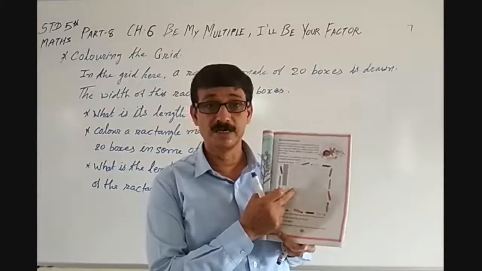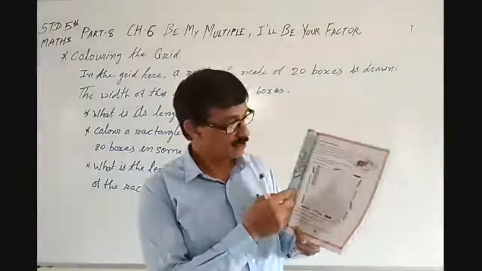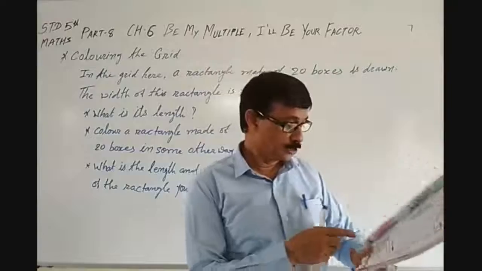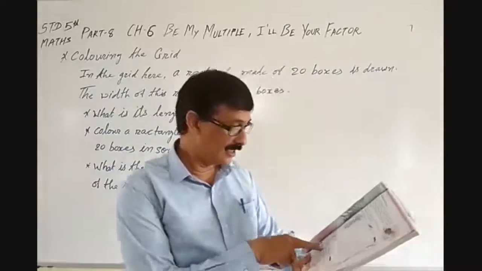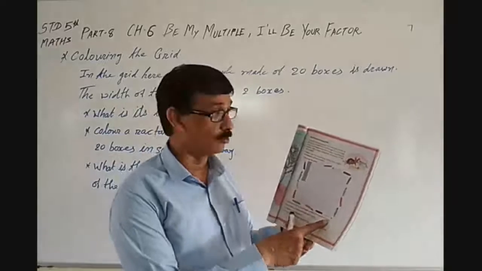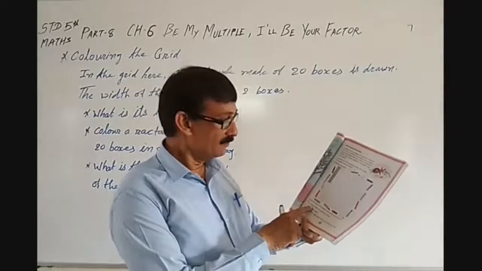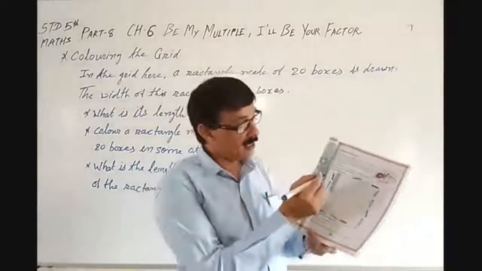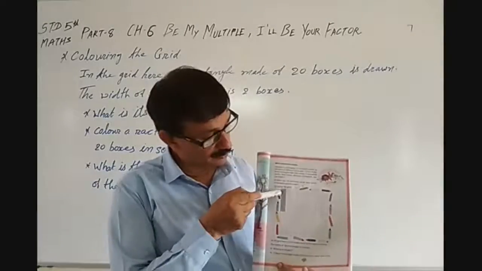Look at this figure, this rectangle. See, total it is 20 boxes. So the grid here, a rectangle made of 20 boxes is drawn. The width of this rectangle is 2 boxes. Now here can you see this gray part?